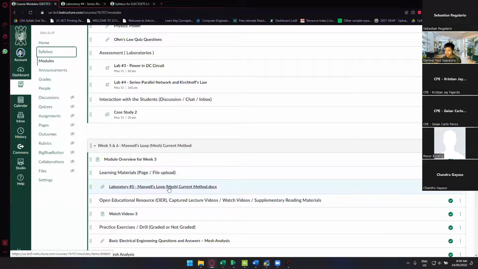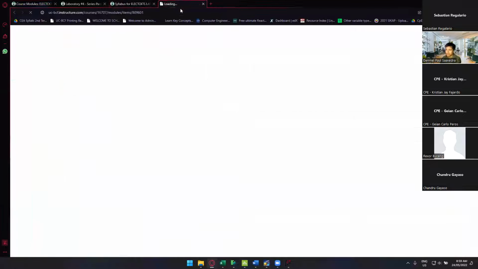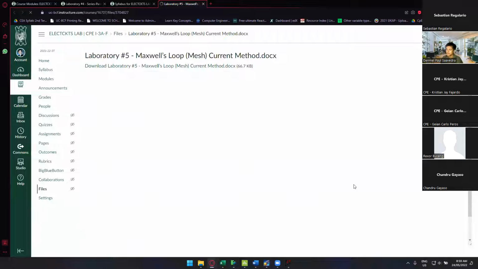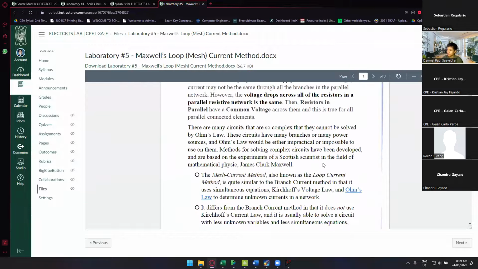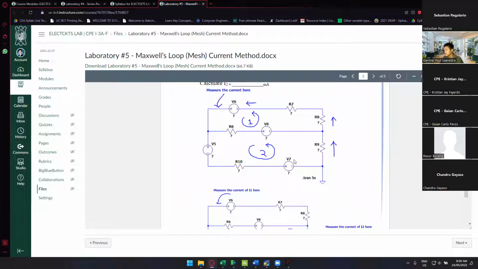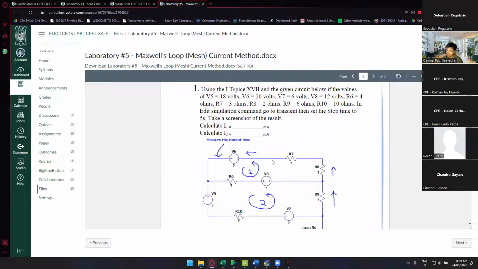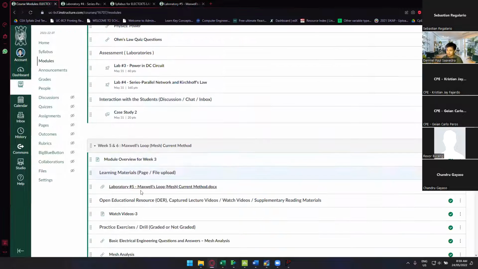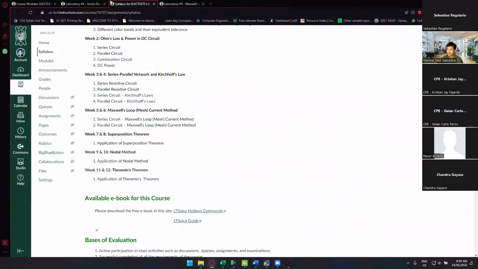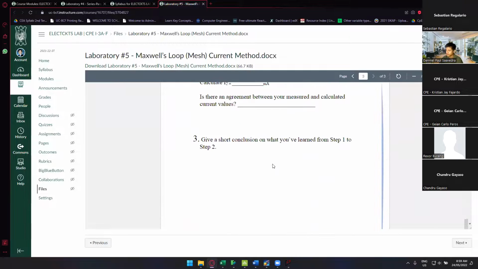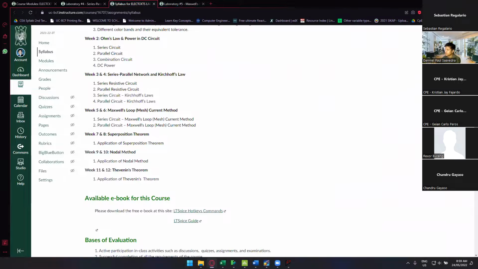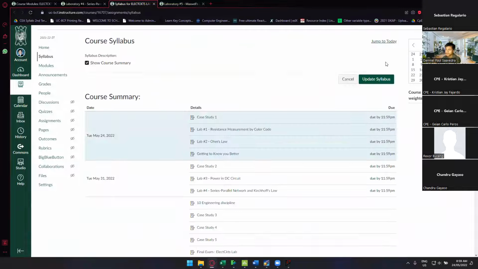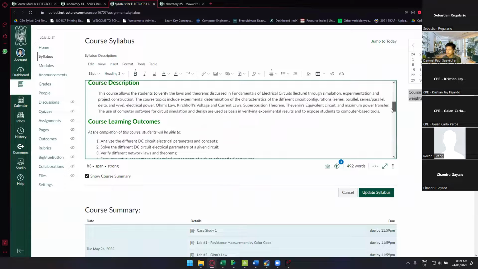I'm not sure if this is series only or a combination of series and parallel. Actually, maybe this is only a parallel circuit, Maxwell loop. Yeah, there is no series connection here. Okay, I have to change this one into series parallel.